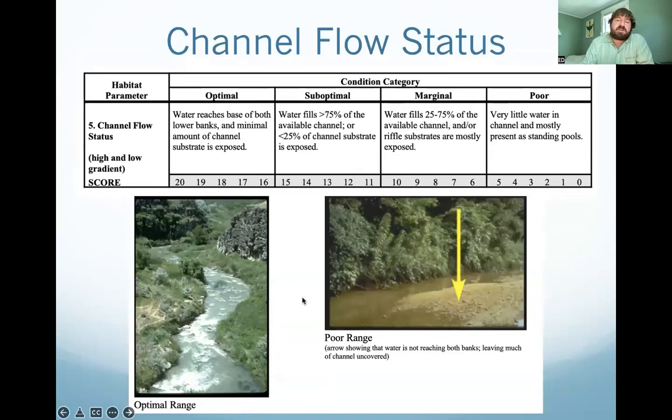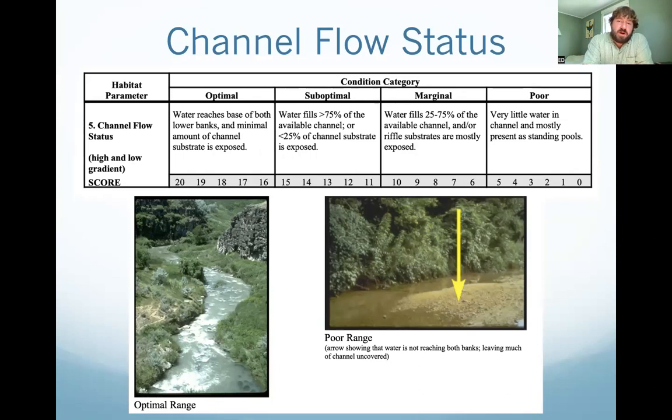Channel flow status is another way to think about the diversity of habitat provided by the way water moves through the channel. So an optimal situation will have water filling the whole channel, and that's going to provide the most amount of habitat and the most diversity of depth and flow regimes.